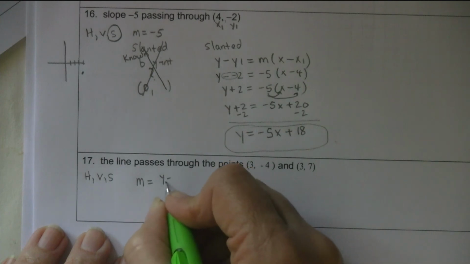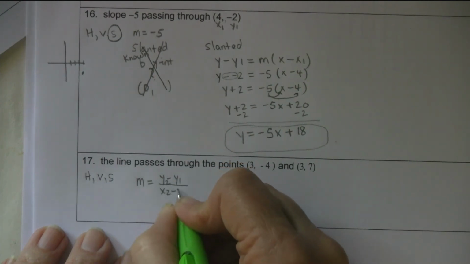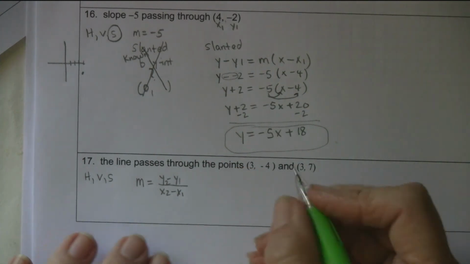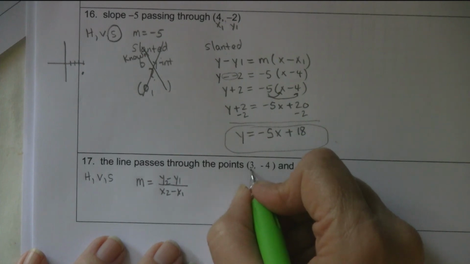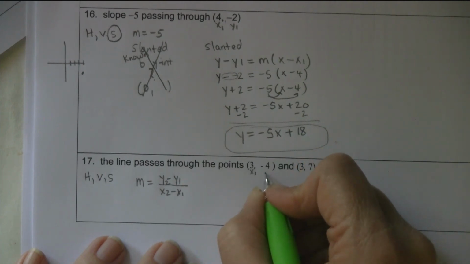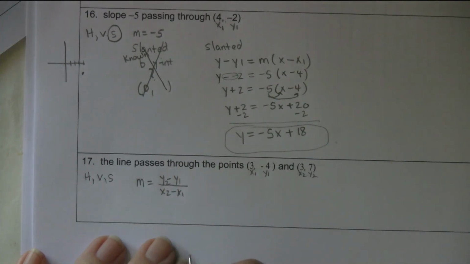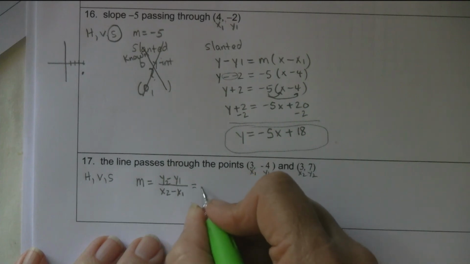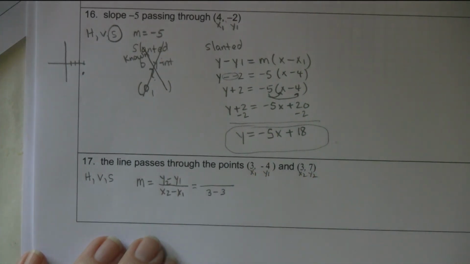So this is the slope formula. Those subscripts stand for the y value of point 2, the y value of point 1. So x1 is the x value of point 1, y1, x2, y2. And I can't help but notice, you guys can't help but notice too, that in the denominator I'm having 3 take away 3, right?